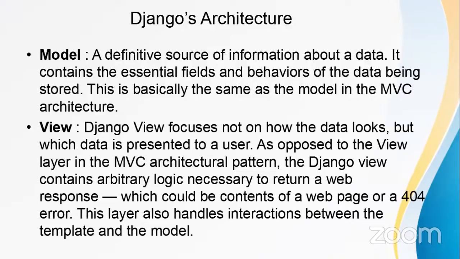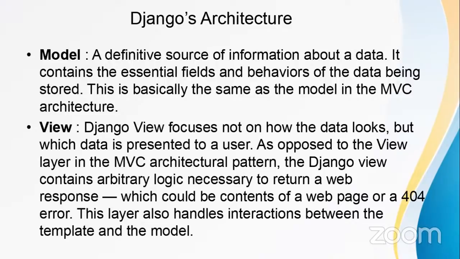So, like someone just asked, why wouldn't Django love to be called an MVC? That is because even though it follows the same architectural pattern, the view and the controller do not work the same way they would in Django. The Django view does not focus on how the data looks, but rather which data is presented to the user.